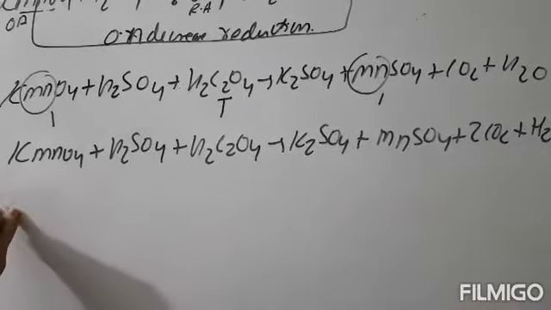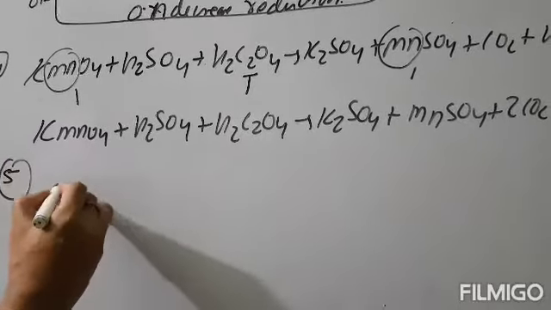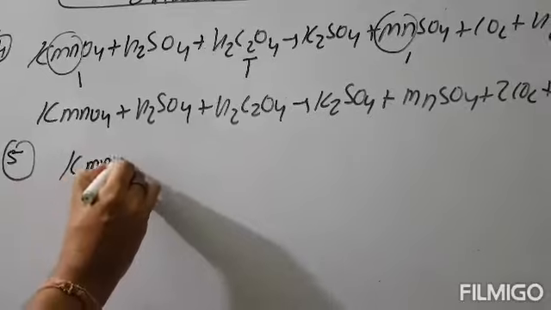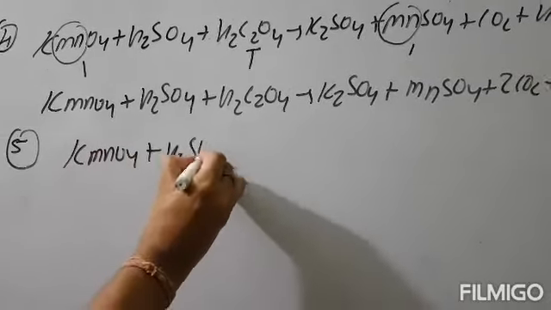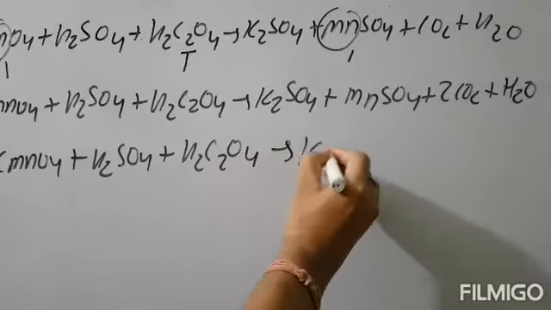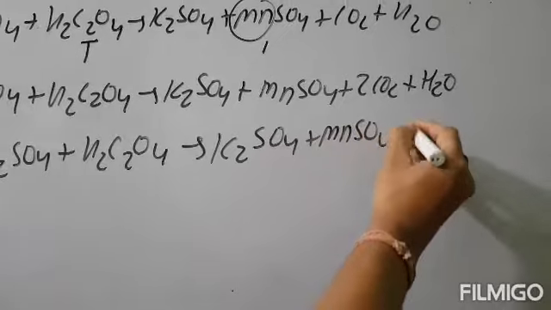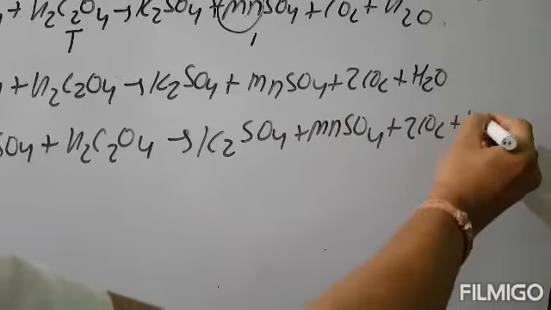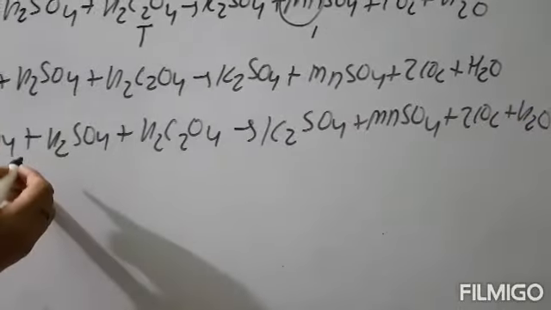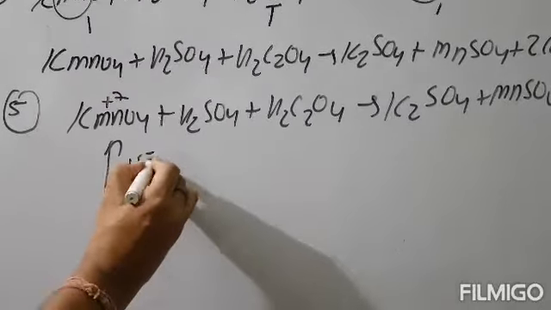Then the next point: the total number of electrons gained or lost is found. If you see KMnO4 plus H2SO4 plus H2C2O4 will give you K2SO4 plus MnSO4 plus 2CO2 plus H2O, here it is +7, so we balance it by adding 5 electrons.